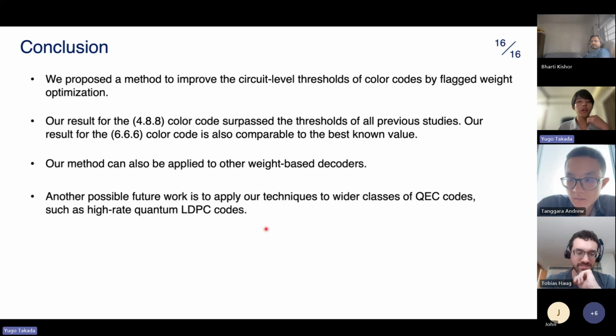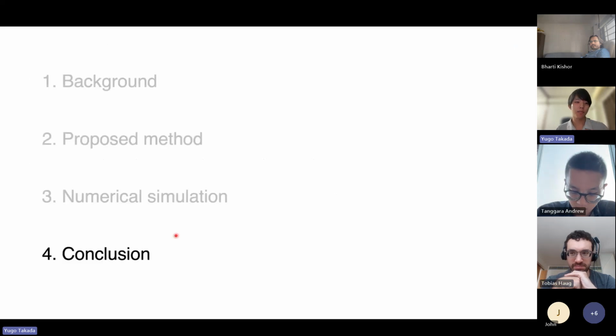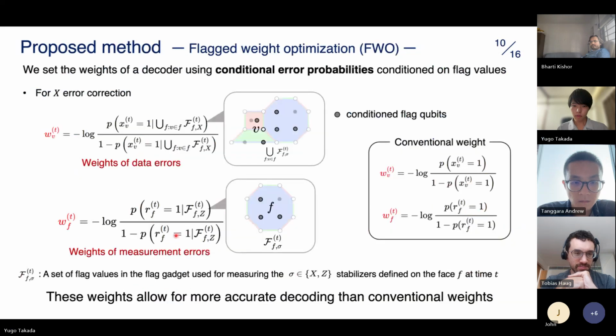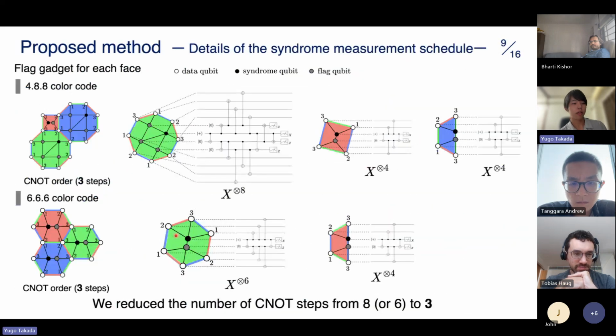Okay, thank you for the question. Basically, I didn't consider any systematic way. I just made the circuits by hand to optimize.